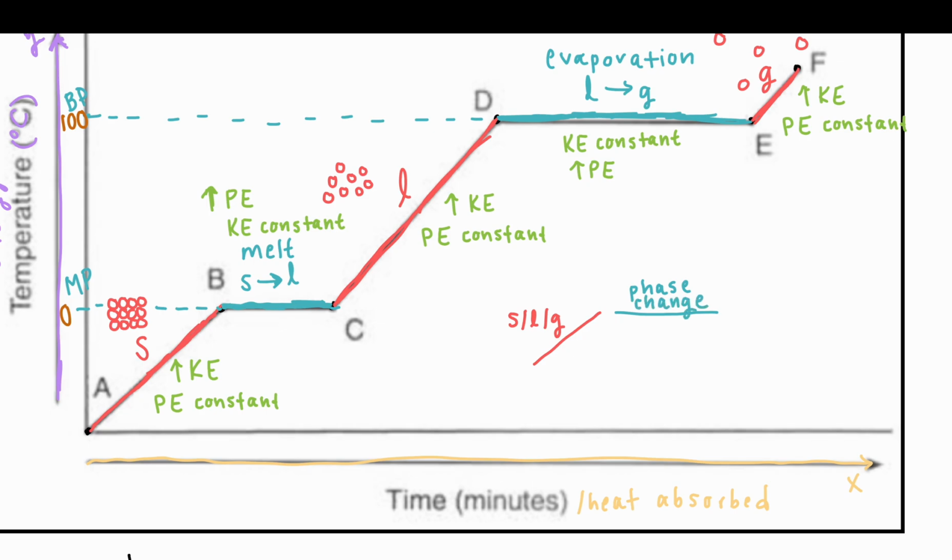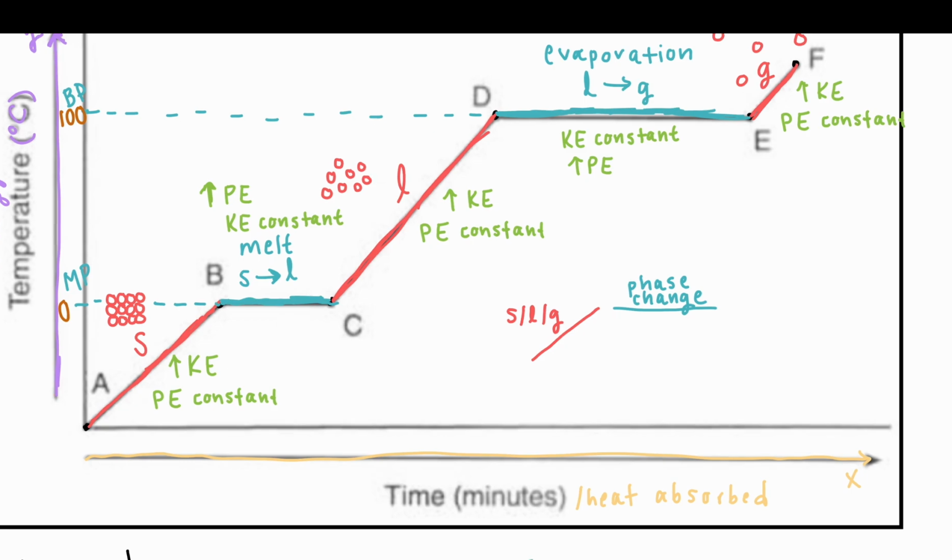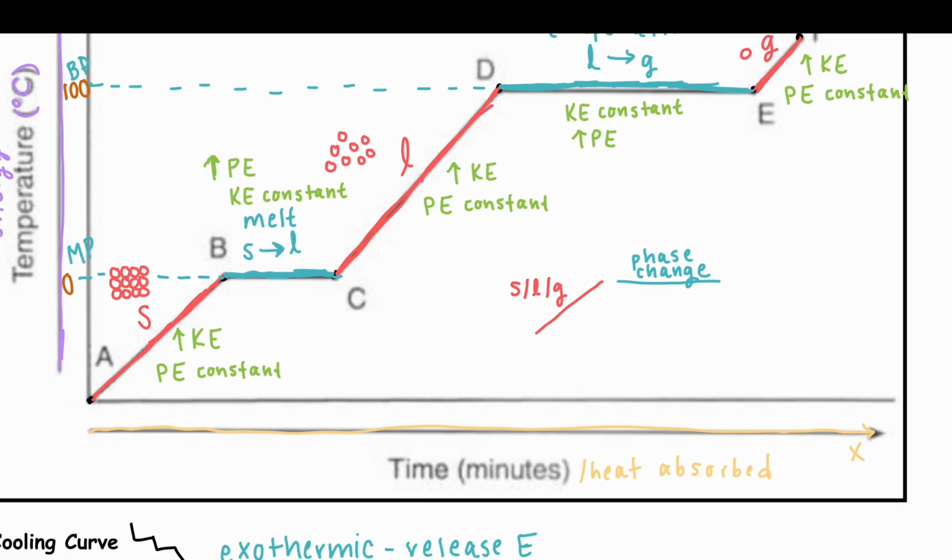Okay, and depending on if you have a heating or a cooling curve, for your heating curve, while you're at a certain state of matter, that kinetic energy is going to be increasing while your potential energy is staying constant. This is for heating.